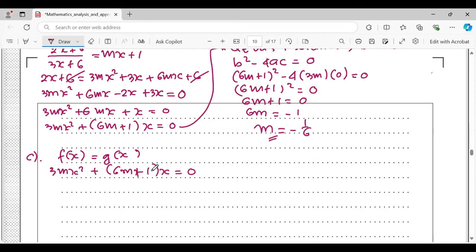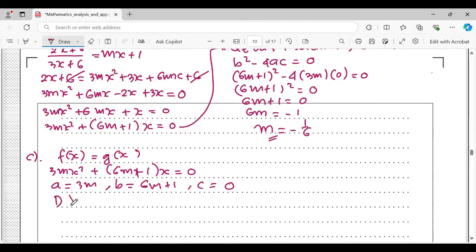So a equals 3m, b equals 6m plus 1, c equals 0.